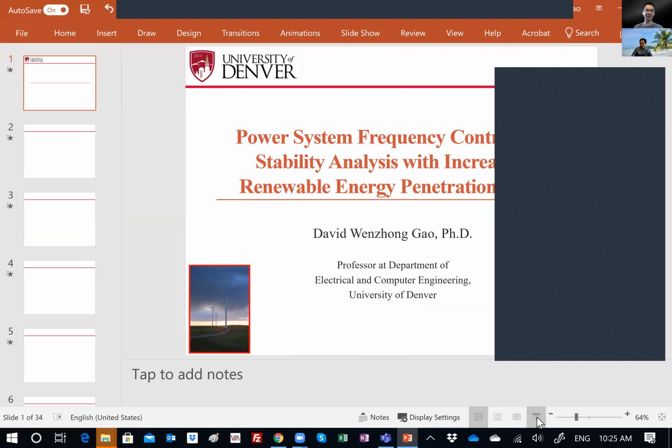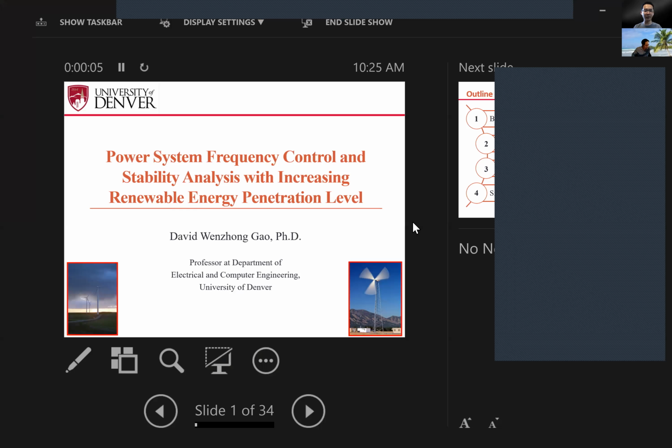Can I share my screen? Yeah, go ahead and share. There's a share screen button. I have this PPT and I'm opening it. It's loading.